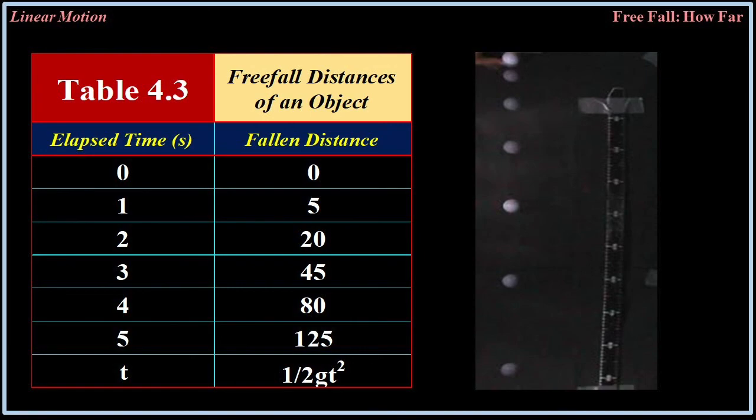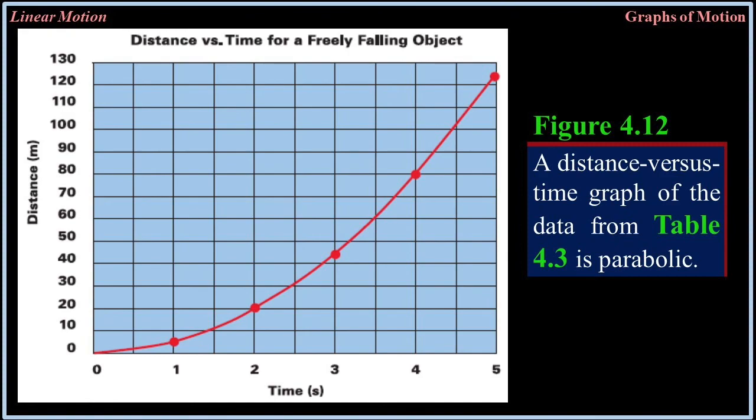You can see the freeze-frame picture, where the distance the ball travels in each time frame increases. And here is 4.12, a distance versus time graph of the data from Table 4.3. And you can see very clearly that it is parabolic.